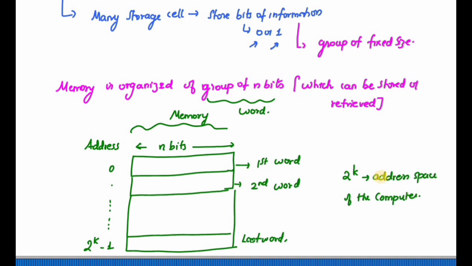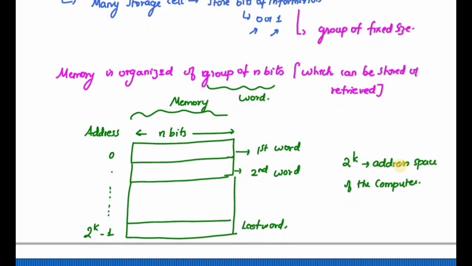For example, suppose we have 4 GB of data. 4 I can write as 2 power 2, and giga I can write as 2 power 30. So totally I have 2 power 32 bytes.